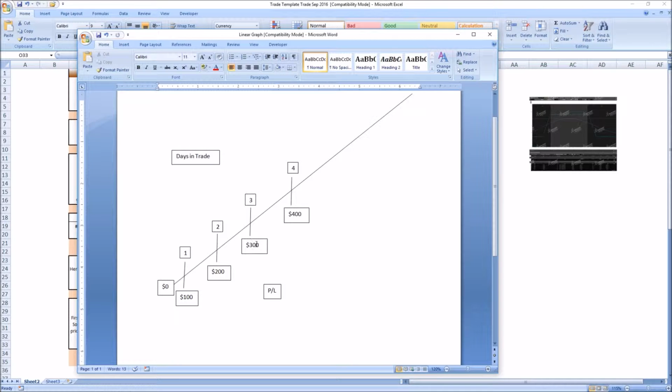But if we were in the trade for 3 days and my linear graph says that I should have $300 in profit, all things being equal, but if I suddenly have $600 in profit, something good has happened. I don't know what that is, but I'm way ahead of the profit and loss graph. So I might want to just take the trade off at that time and reload. So that's how I use that. It's not set in stone. It just helps guide me as I move through these trades, just to keep me on track on where we are.